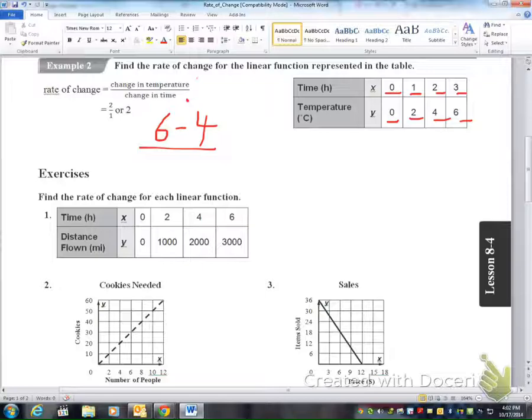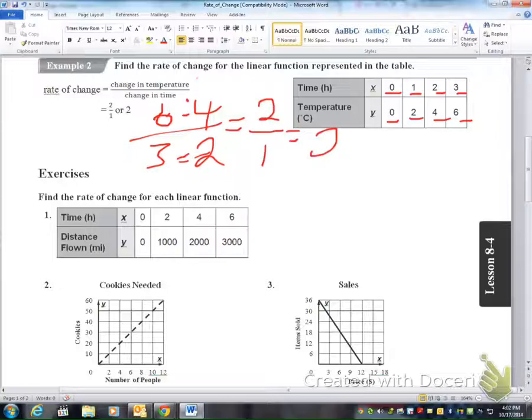And my change in time, well, it was 3 hours at the end, but 2 hours at the beginning, so it's going to be 3 minus 2. So we have 6 minus 4 over 3 minus 2, so that gives me 2 over 1. So my rate of change here is 2, which tells me that my temperature is climbing 2 degrees for every 1 hour in this table.